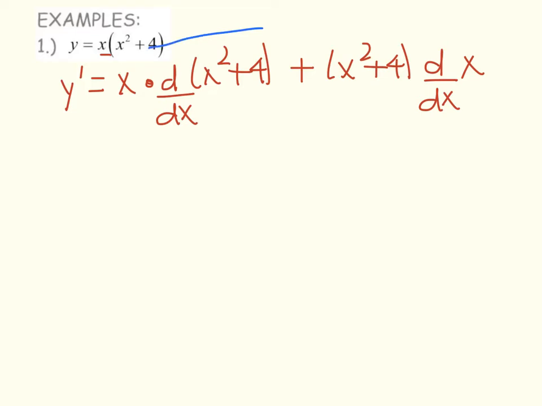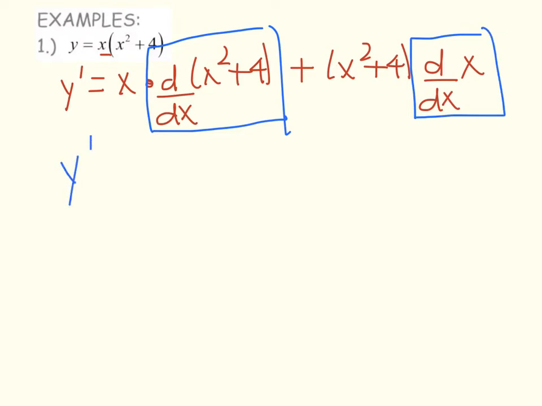Now I'm going to replace these quantities with their respective derivatives. So I have my first function, x, multiplied by the derivative of x squared plus 4.